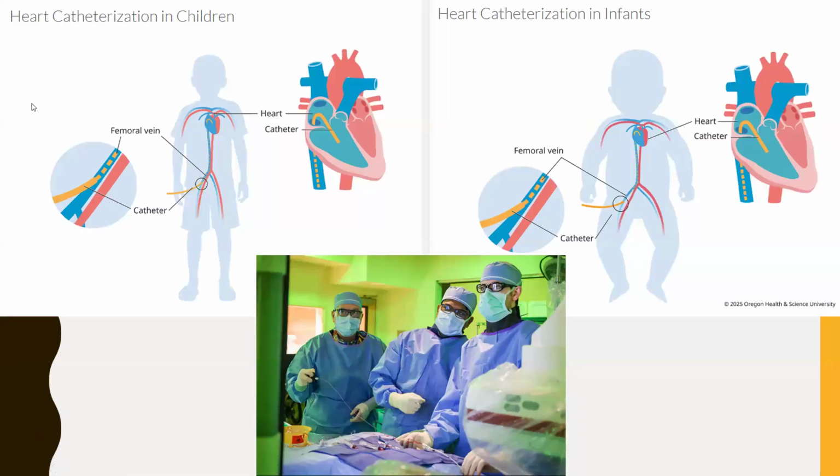So I wanted to include just a couple of little pictures, and these do not come from your book. The top 2 pictures come from Oregon Health and Science University, and it's just showing you a cardiac cath where they will go in the femoral vein for an infant or a child, and they will feed that catheter up into the heart.